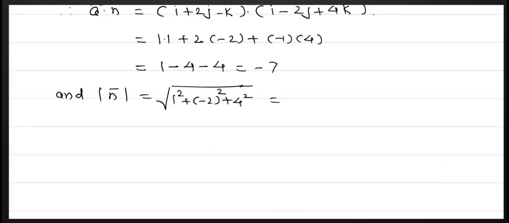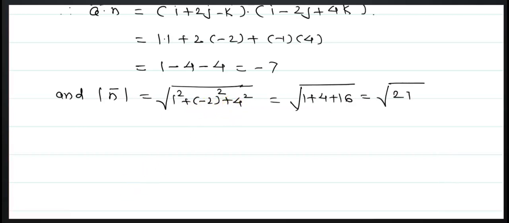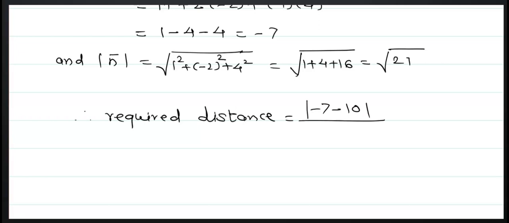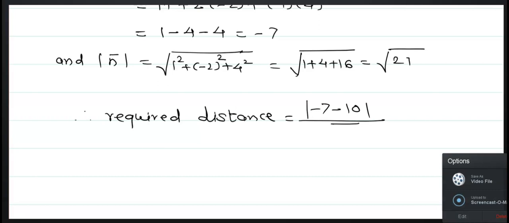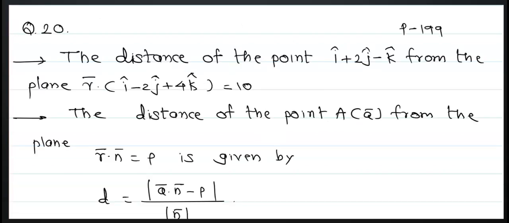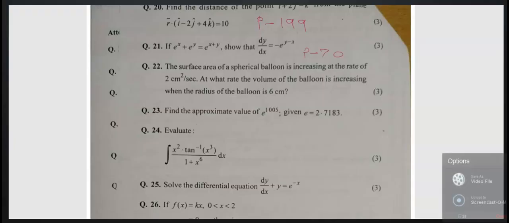Mod of n bar equals square root of 1 squared plus minus 2 squared plus 4 squared, that is 1 plus 4 plus 16, which equals 21. Therefore, the required distance equals mod of (minus 7 minus 10) upon root 21, that is 17 upon root 21. This is the question on page number 199. Now see this again here, answer.